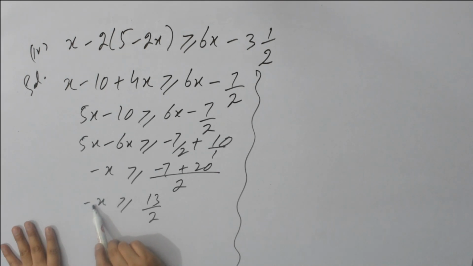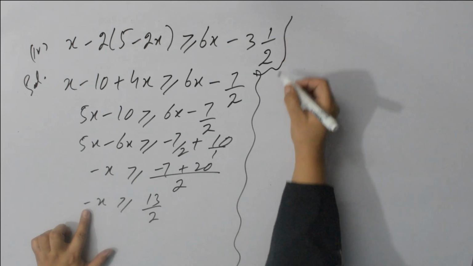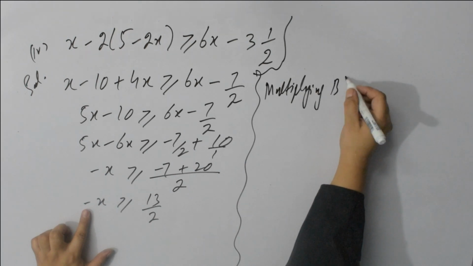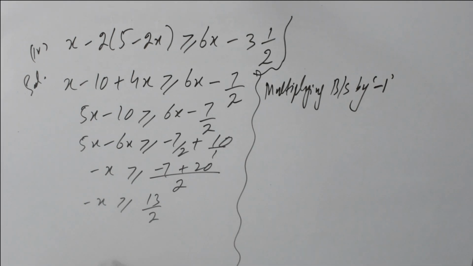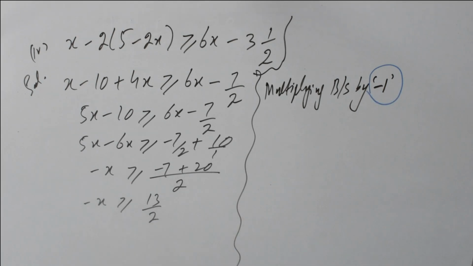So here I see a negative sign. I want to remove this negative sign. Obviously I have to multiply both sides by minus 1. Only in this case will this negative sign be removed.